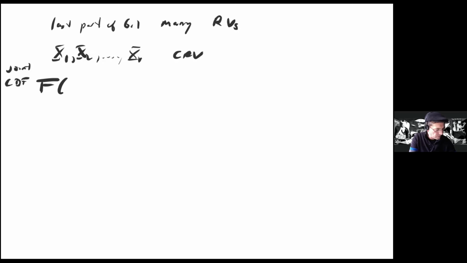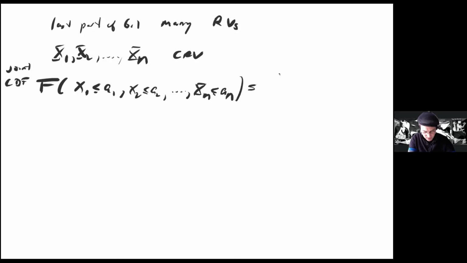So we have the probability that x1 is less than or equal to a1, x2 is less than or equal to a2, etc., xr is less than or equal to ar. Let me write n instead of r. Xn is less than or equal to an. That would be a multiple integral, dot, dot, dot. So it's going from minus infinity to a1, minus infinity to a2, etc., minus infinity to a sub n.